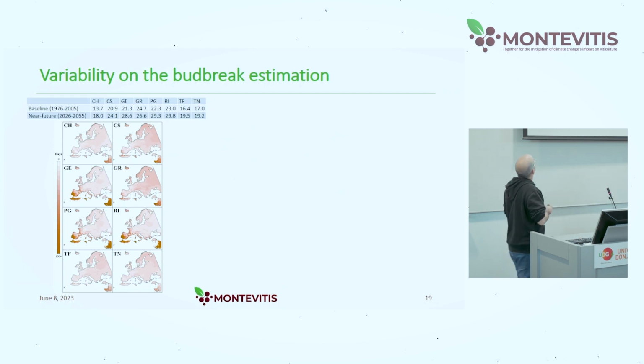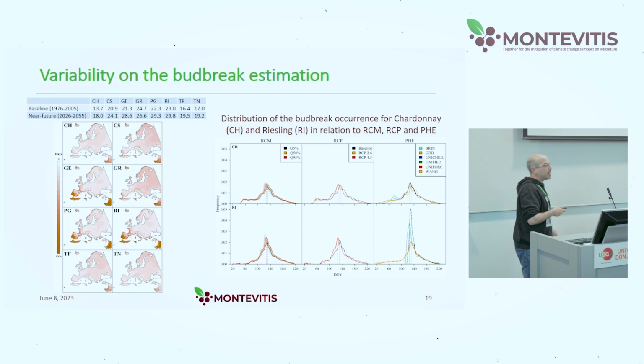Here we see that the variability exists for all the varieties, not only between the varieties, but also spatially in Europe. And we saw also that this variability comes from the different sources.